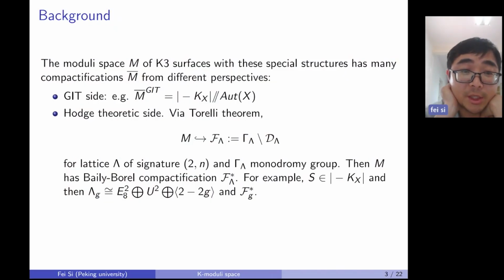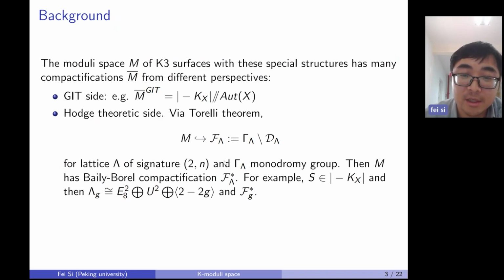Another compactification is from the Hodge theoretical side. A well-known theorem in K3 theory is the Torelli theorem. It says that we can recover a K3 surface via its integral Hodge structure. So if we consider a lattice of signature (2,n) that is given by the integral Hodge structure of the K3 surface, you will get a period domain defined by this lattice.